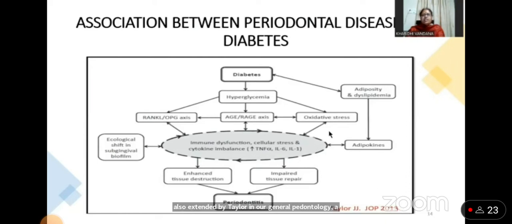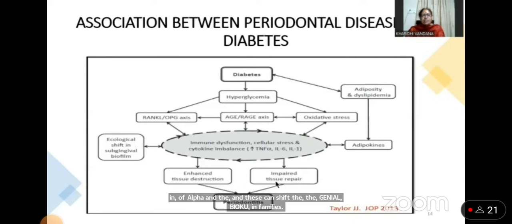He added oxidative stress, the RANKL-OPG axis, and fat metabolism, also leading on to adipokines, and again the center of attraction is the pro-inflammatory mediators, increased TNF-alpha and interleukin families. These can shift the subgingival biofilm ecology, resulting in enhanced tissue destruction.